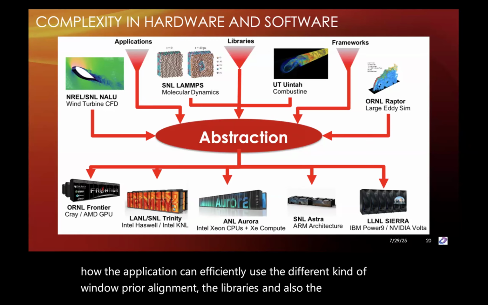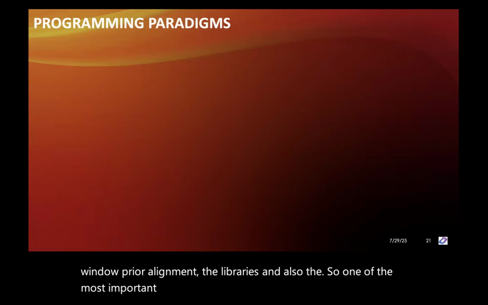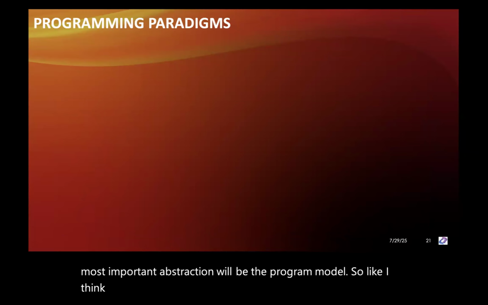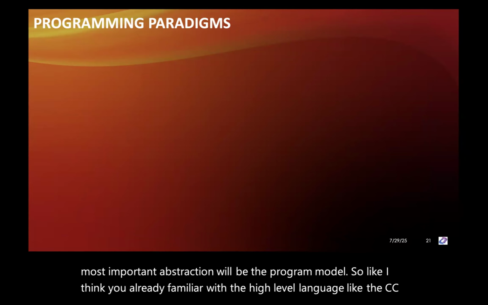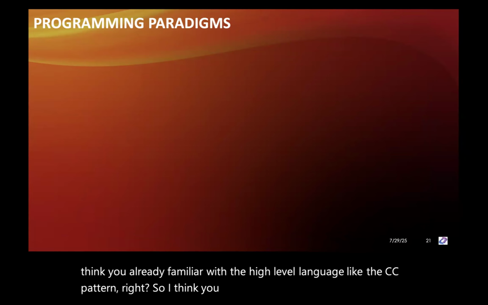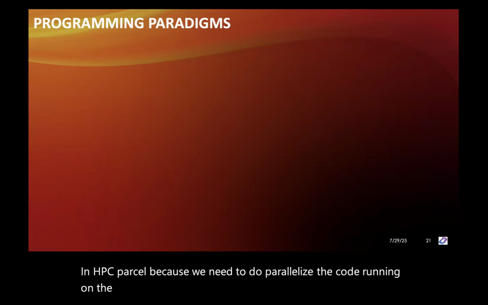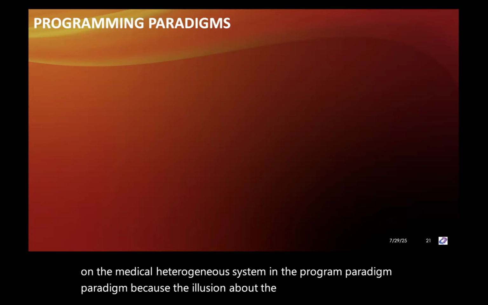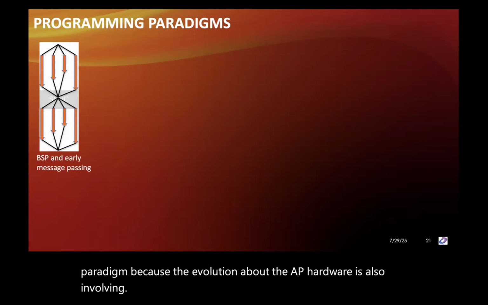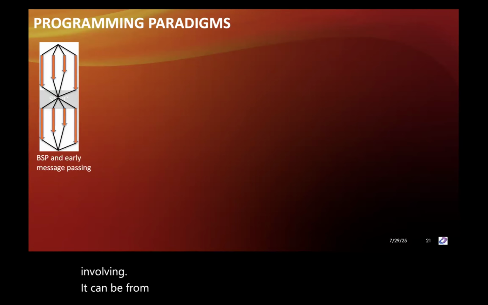One of the most important abstractions is the programming model. Like I think you are already familiar with high-level languages like C, C++, Python, right? In the HPC part, because we need to parallelize the code running on many-core heterogeneous systems, the programming paradigm has evolved along with the hardware, going back two or three decades.